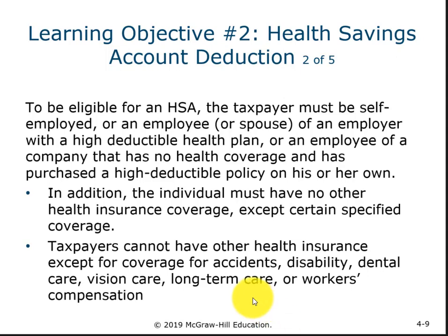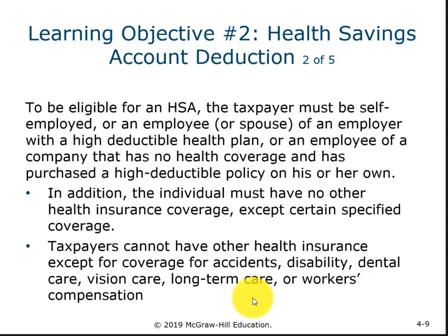So to be eligible for this, a HSA, to be able to use this special savings account, then you must have a high deductible health plan, either yourself, or through your employer. So you have the savings account and you have this plan. You can't have the savings account unless you have this high deductible plan.